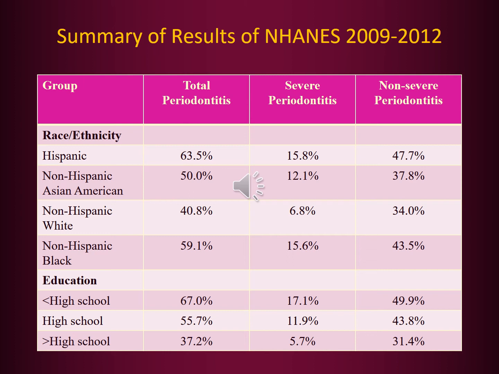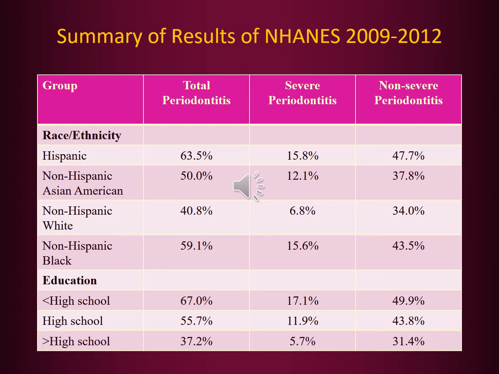Now when we look at education, we see that individuals who have more education tend to have less periodontal disease. Look at the total periodontitis category and see for those with less than a high school education, 67%. Those with more than a high school education, 37.2%, almost half the number.